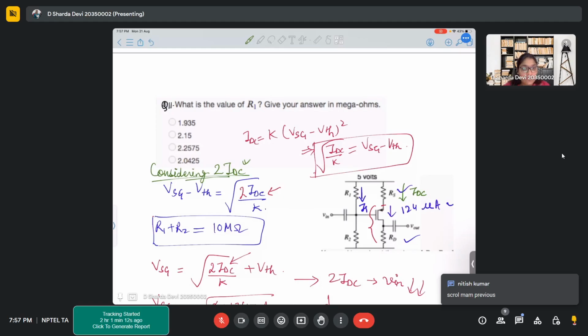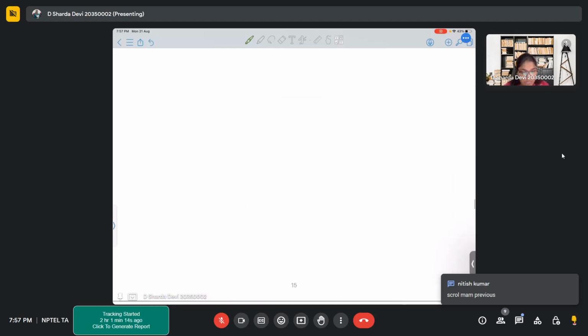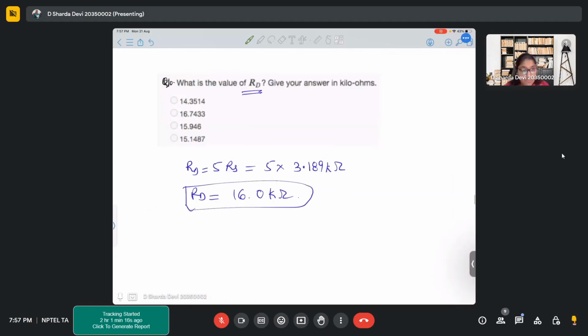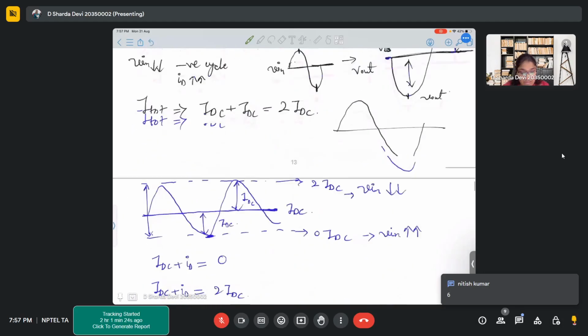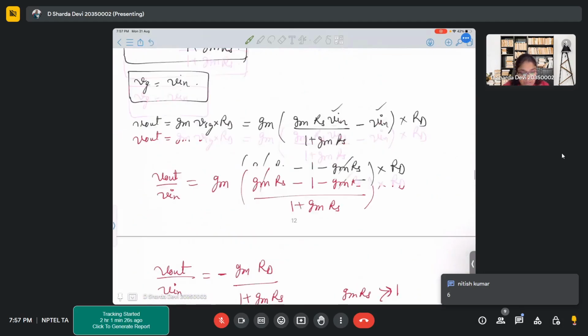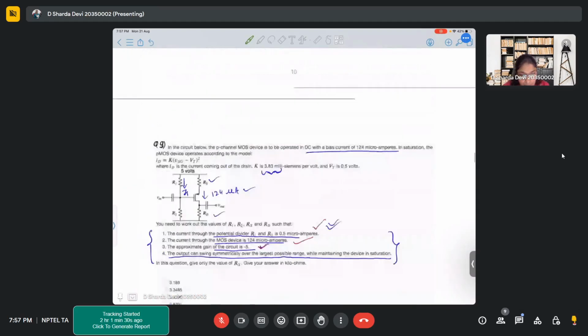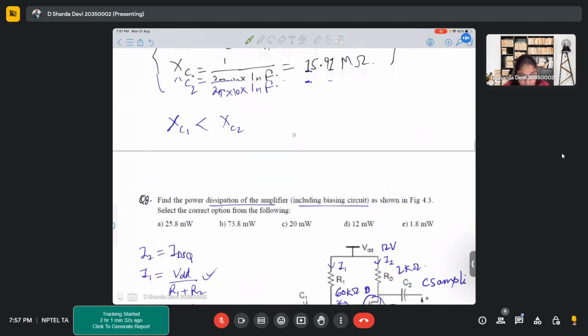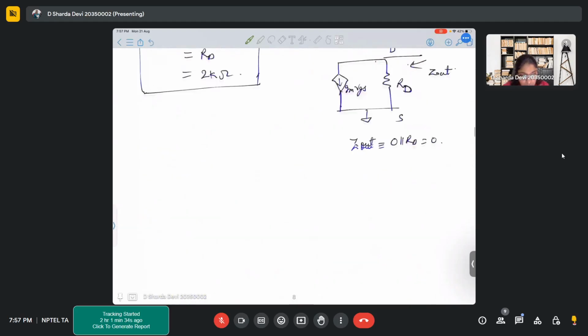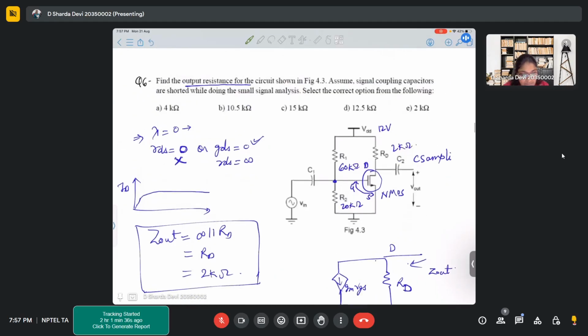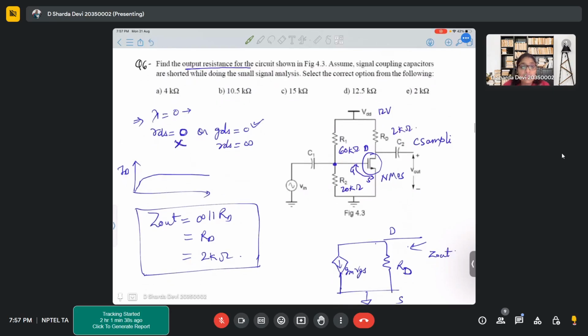Previous, which one? This problem? Problem number 6. Okay. Nitish, can you unmute? Maybe it will be convenient. Problem number 6. Yeah, this is problem number 6. Yes. What is the doubt over here?